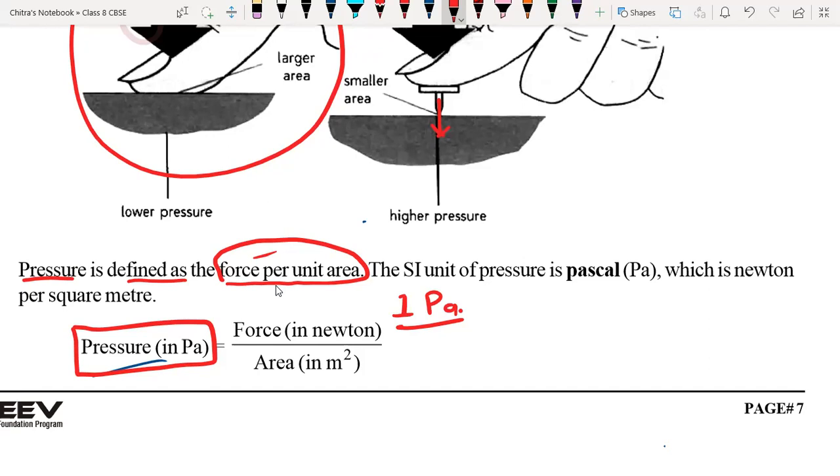Okay, so we have to define 1 Pascal pressure. See, 1 Pascal pressure means how much?